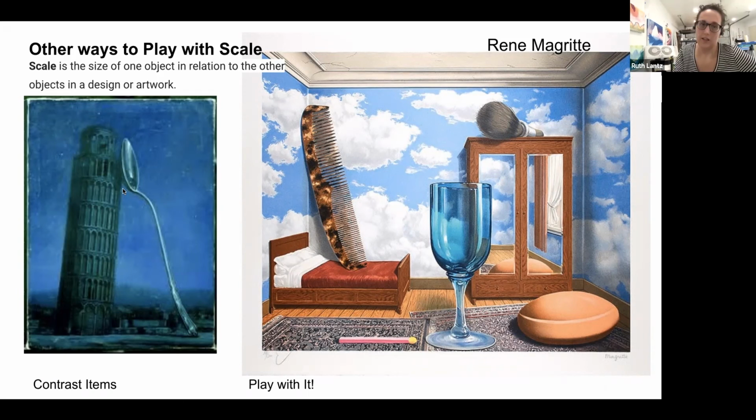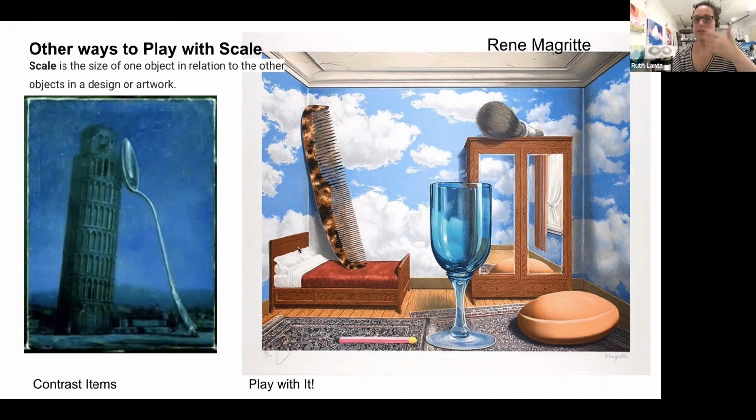So by contrasting scale, the Leaning Tower of Pisa and a spoon creates almost like a non sequitur. It creates a very absurdist, dreamlike experience by having the spoon prop up the Leaning Tower, because you're enlarging the spoon to a ridiculous degree in order to do that.